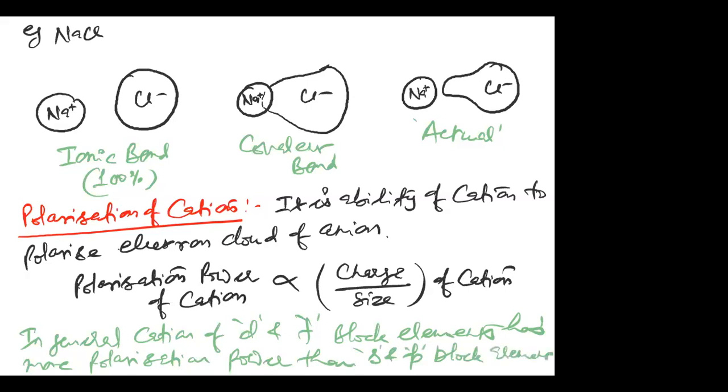The reason is the poor shielding effect of D and F orbitals, so their cation can attract the electron cloud of adjacent anion effectively. But in the case of S and P block element, they can effectively shield the anion basically.